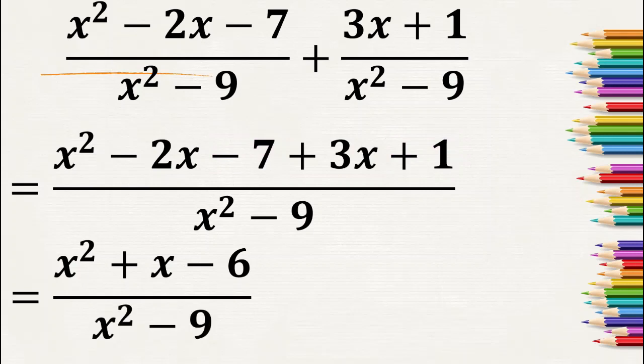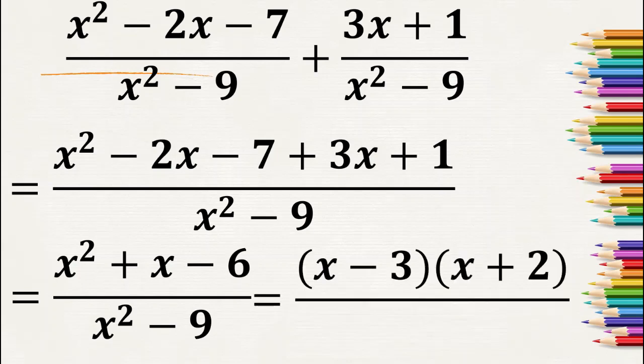Next is getting the prime factors of our numerator. First, do not forget to check if the terms in our numerator have a common monomial factor. If there is none, factor it then. So the factors of x squared plus x minus 6 are x minus 3 times x plus 2. Next, our denominator, we have x squared minus 9. This is an example of the difference of perfect squares. So we have the square root of x squared is x, the square root of 9 is 3.